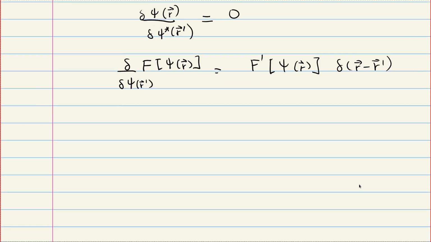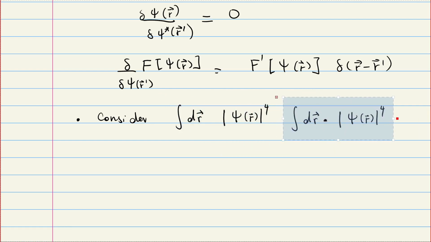Then let's think about things like this. Consider the integral dr of psi to the fourth, because psi to the fourth is a little bit trickier. So it's psi of r to the fourth, but we know this is equal to psi star squared and psi squared, and I want to take the functional derivative of this.